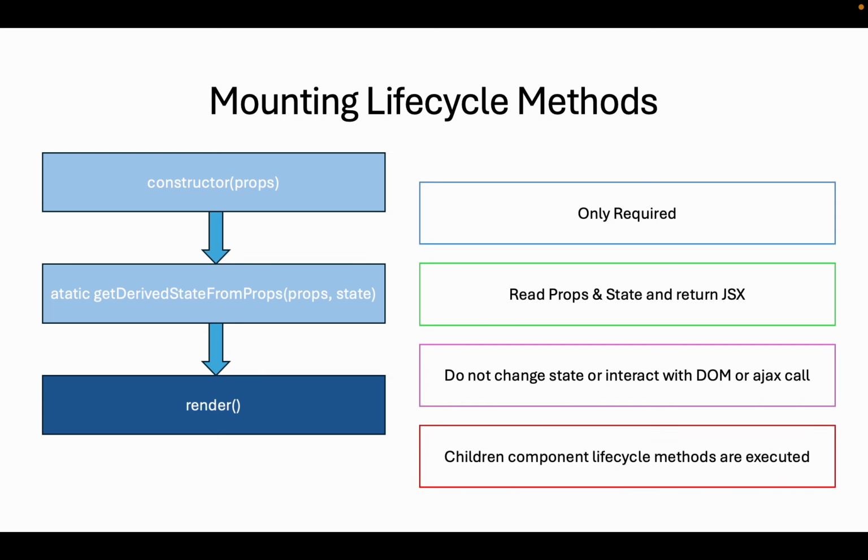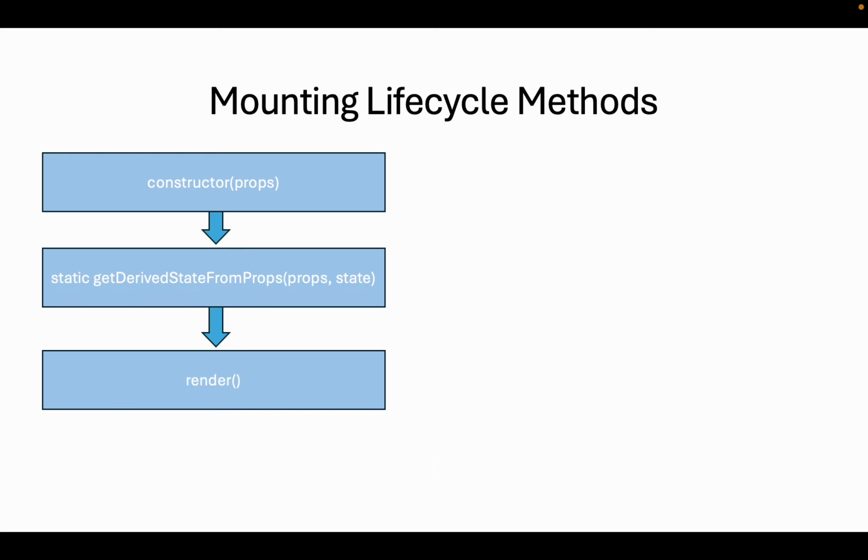Lastly, after calling this render method, React will call the lifecycle methods of the children associated with your component. All the lifecycle methods available in the children are called before calling the last method of the current component. Let's go ahead and check the last method.